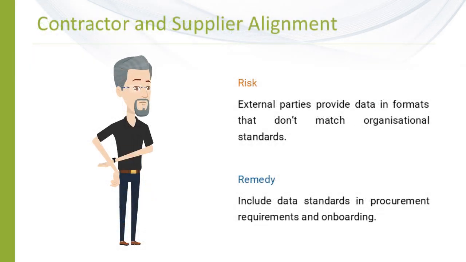When we're relying on contractors and suppliers to feed us with data, information, as-built drawings, configuration, handover, handoff, warranties, structured data, unstructured data, it's really important that where possible, external parties provide the data in formats that match the organizational standards.